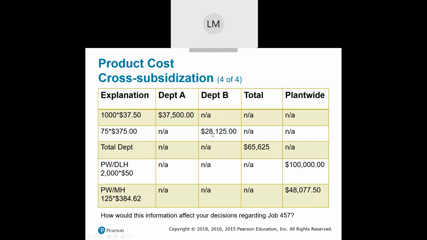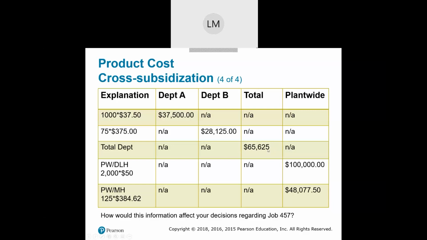So overhead assigned to job 457, $28,125. We see that right here. So using my total departmental overhead rate, I'm allocating to job 457 $65,625 worth of overhead.